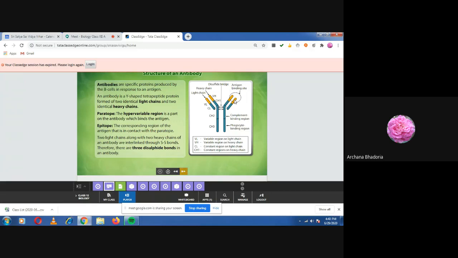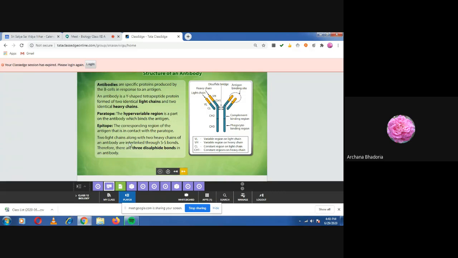Means when an antibody comes in contact with a pathogen, it will bind at this place. Is it clear? Then epitope, what is this? The corresponding region of the antigen that is in contact with the paratope. So this remaining part, we call it the epitope.